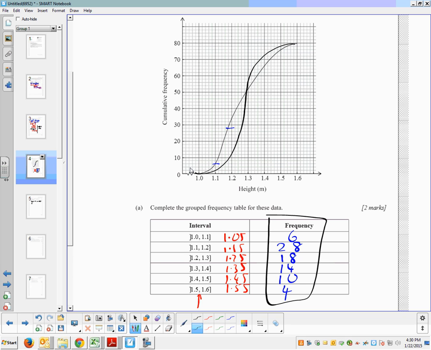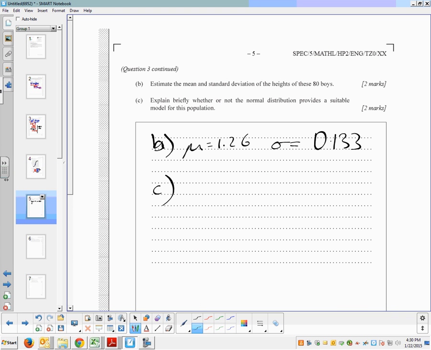It's got a bulge somewhere near here, rather than peaking in the middle. So for C, it's sufficient to say that the normal distribution is symmetrical, and this is not.